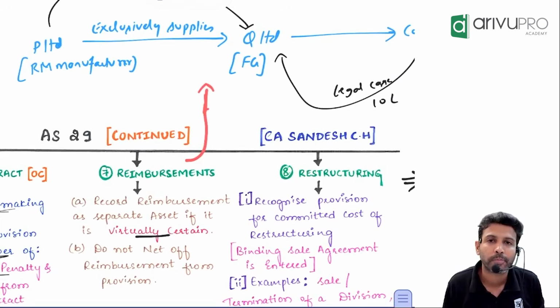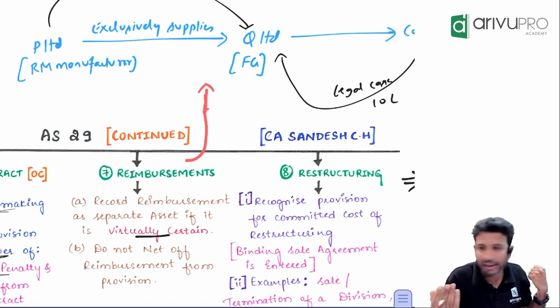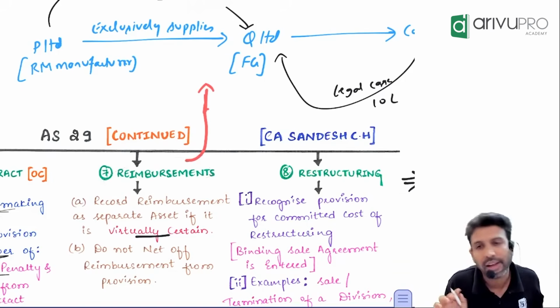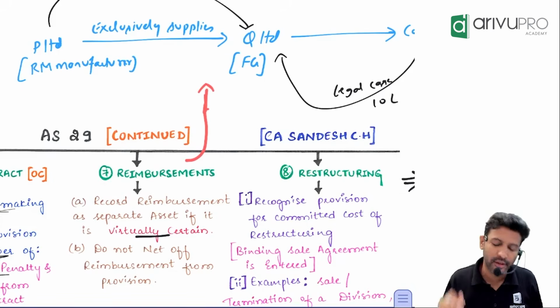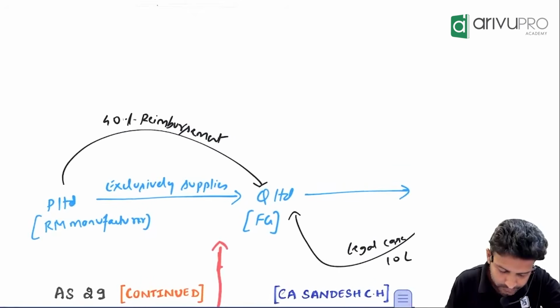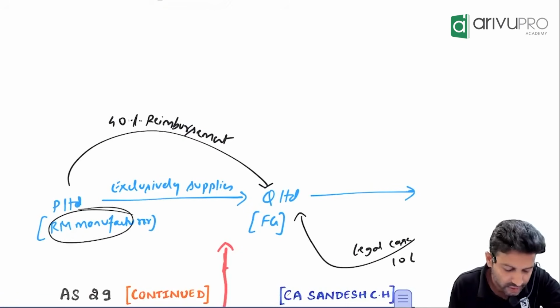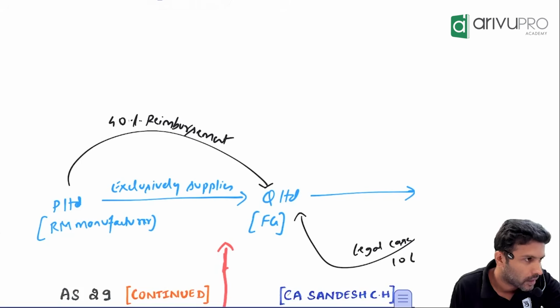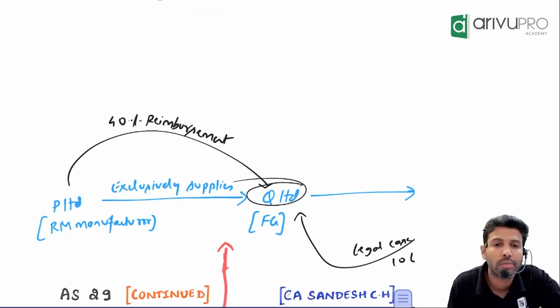Reimbursement means that on one hand you are paying, on the other hand you are collecting back. That we call reimbursement. Sir, in the AS 29 context, what is reimbursement? Let's take a small example. P Limited manufactures raw materials, which they exclusively sell to Q Limited.